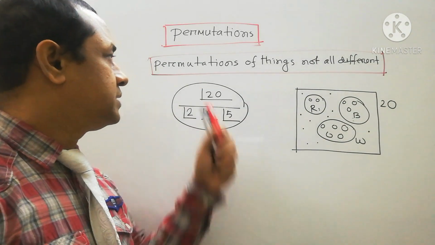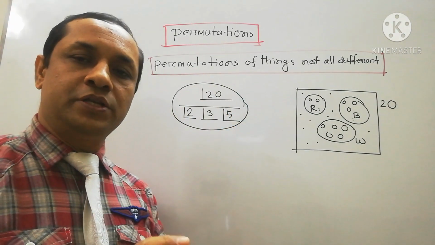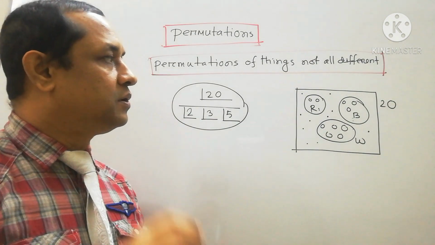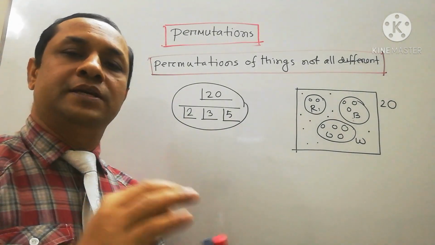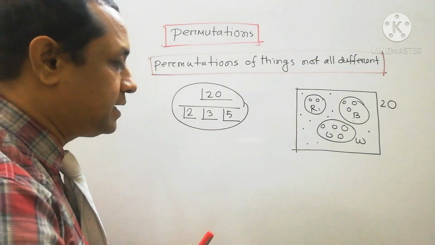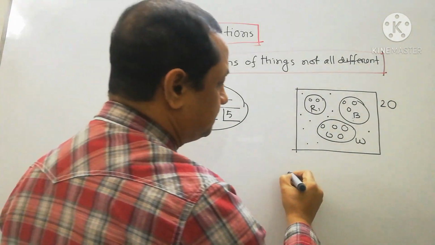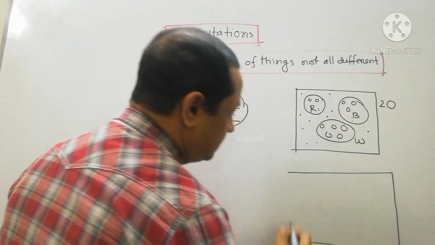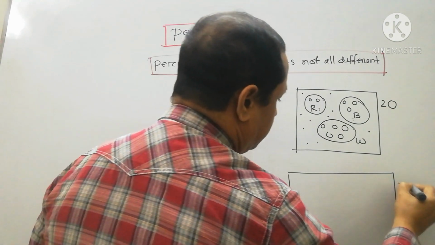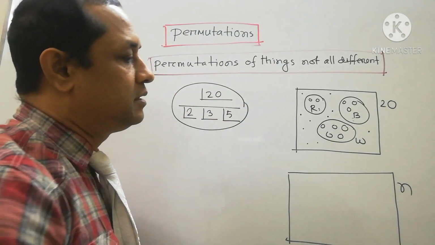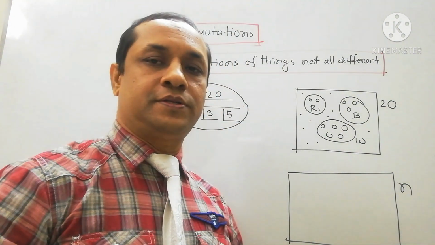It is an important thing: permutation of things not all different. All things are not different. I say again, another example, students. There are n balls in this box.